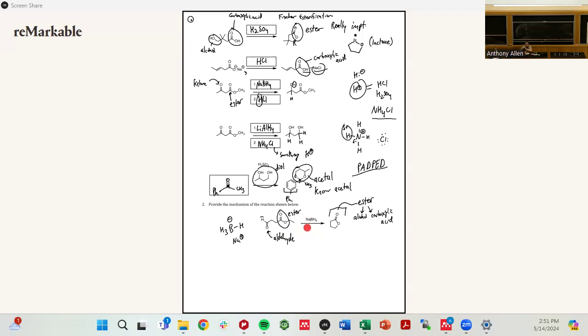Sodium borohydride will react with which of these two? Aldehyde. So arrow from the BH bond to the carbonyl carbon, which is the electrophile, which breaks the double bonded oxygen. That gives me BH3.